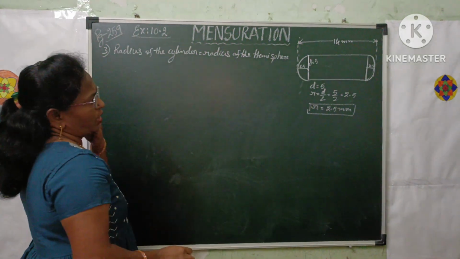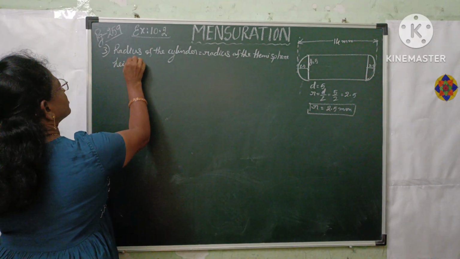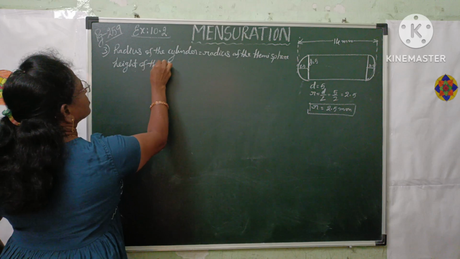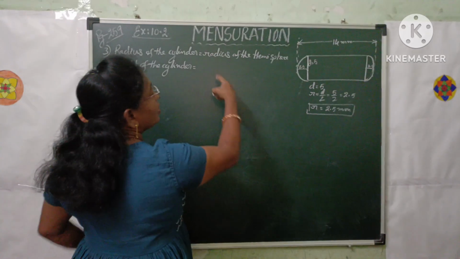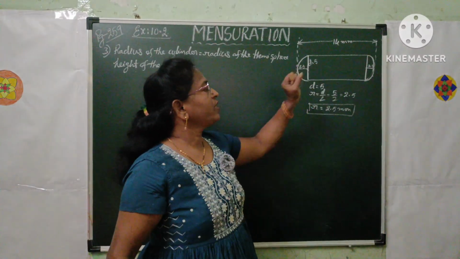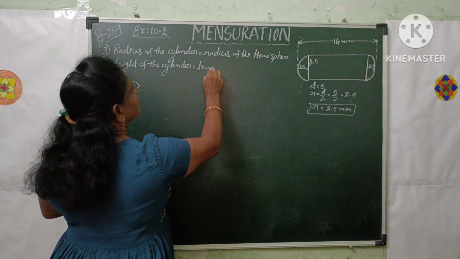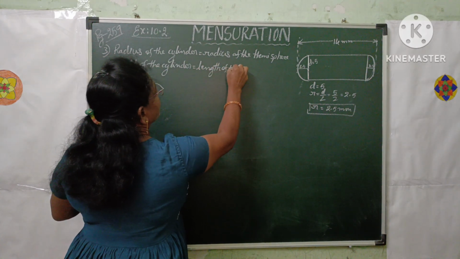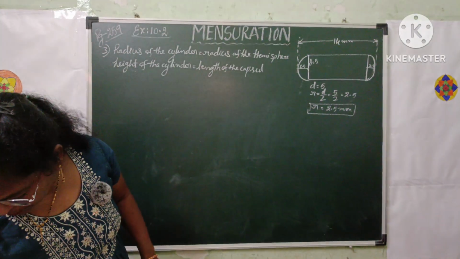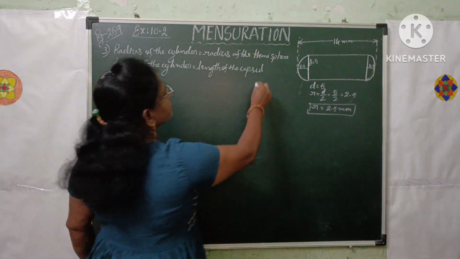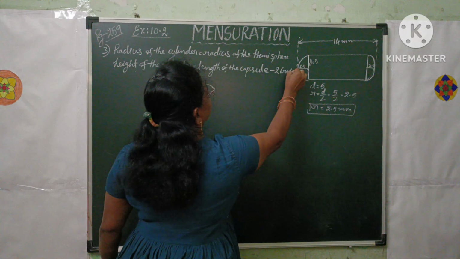Right. Okay. And also the height of the cylinder. Height of the cylinder is equal to the total length of the capsule minus 2 times the radius.